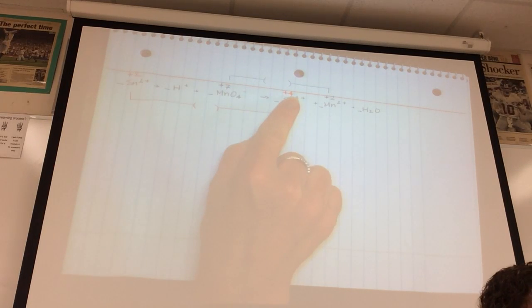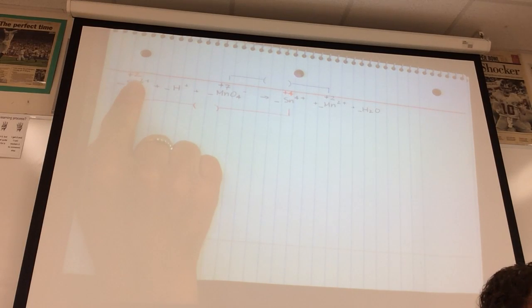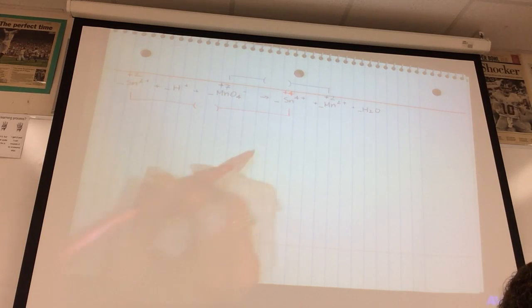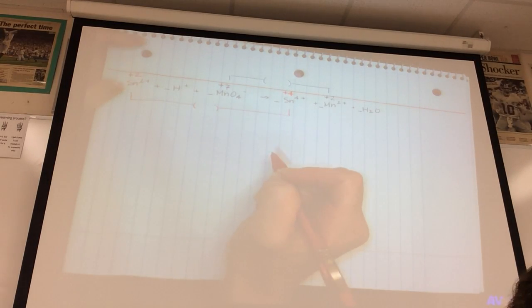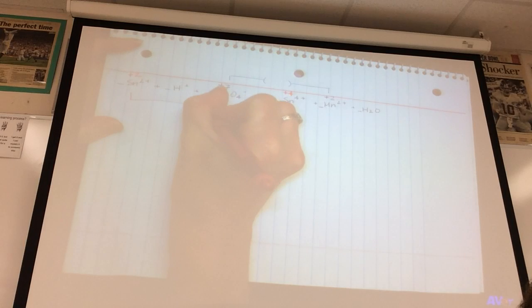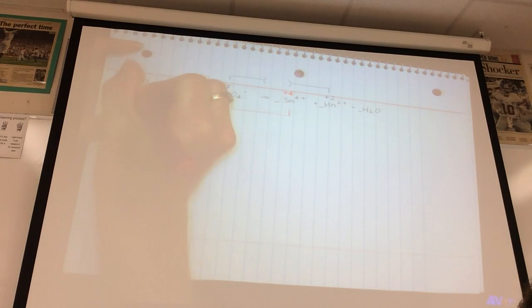I went from +2 to +4. Did my oxidation number go up or down? Up. So did it gain electrons or lose? Careful, electrons are negative. It lost. So what happened here is this lost how many electrons? 2. I lost 2 electrons, meaning that the tin 2 ion is the substance that got oxidized.